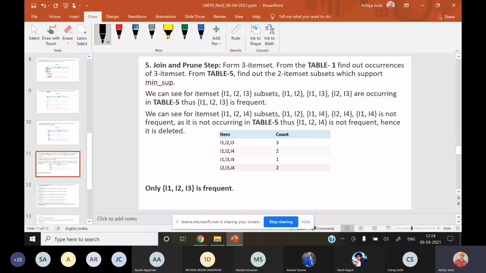Then we will do the join and prune step in the 5th step, right? So we will form a 3 item set, right? The 3 item set is I1, I2, I3, I1, I2, I4, I1, I3, I4, and I2, I3, I4. And this table is created from its previous table, right?